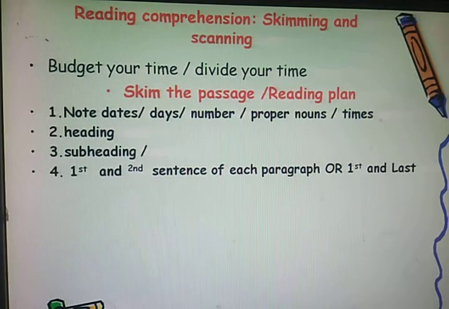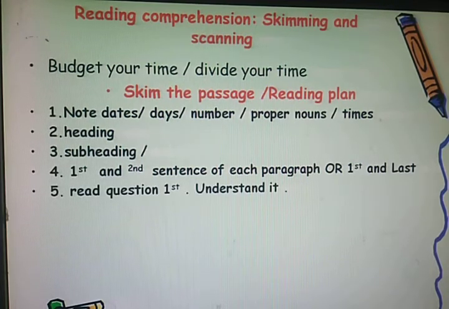Let's move forward. Number 5 point, read the question first, understand it. So in skimming and scanning, the 5th point is that we have to read the question first and then understand it. Not only reading, but you have to understand it also, because reading will be nice when you have the understanding capability.